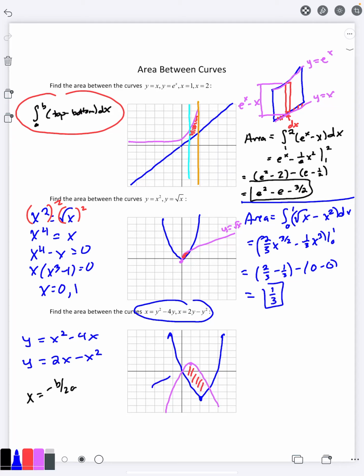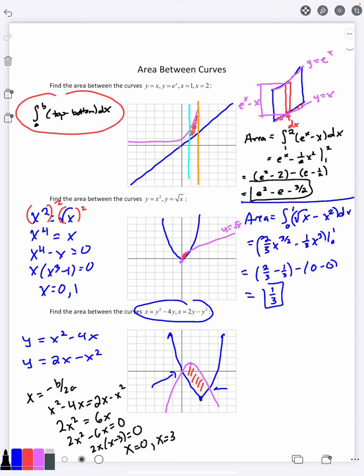Now we need to find these intersection points, but you can do that by just setting them equal to each other. So if I take x squared minus 4x equals 2x minus x squared, that gets 2x squared is 6x. Go ahead and factor out 2x here. And we get the intersection points x is 0 and 3.